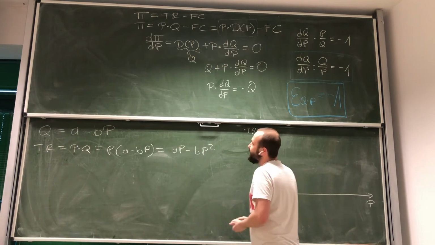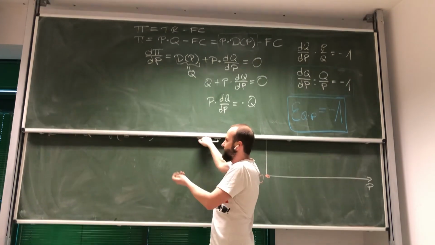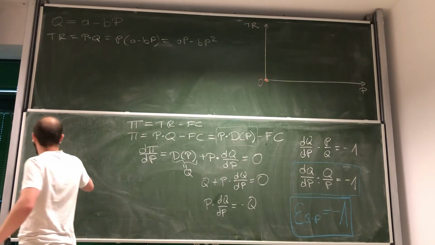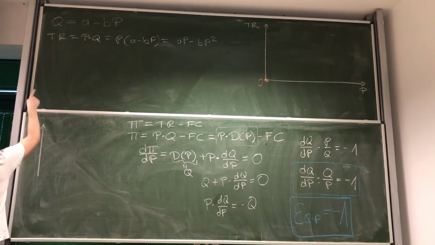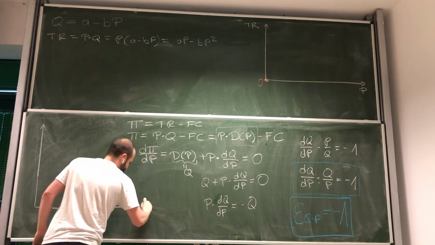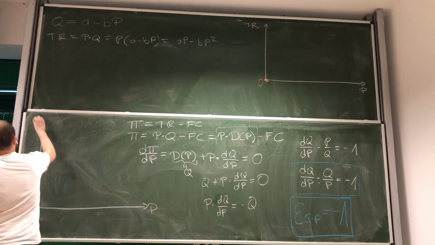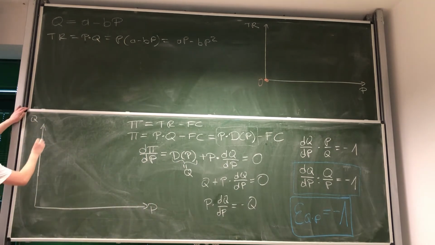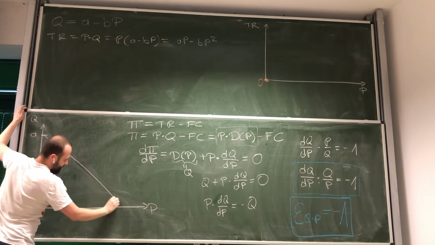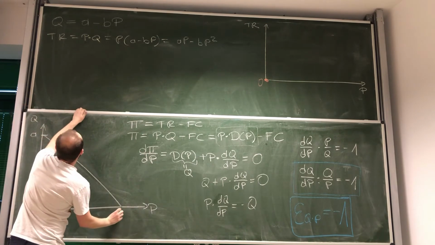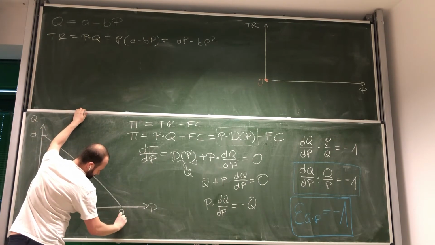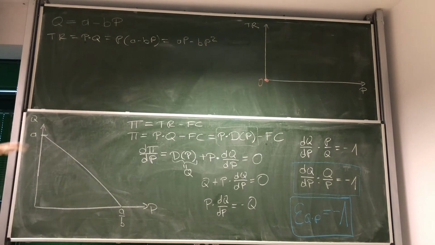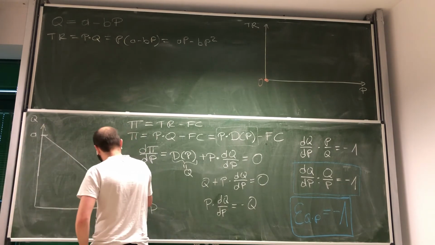However, there is something also known as prohibitive price. If I'm going to plot the demand on the graph, with Q over here, how does it look? It starts at A, it goes down, it goes down, it goes down, until the point where we are at A over B, right? As we always had in our cases.